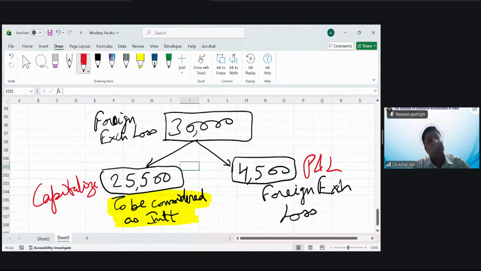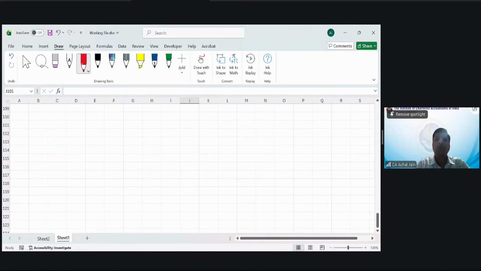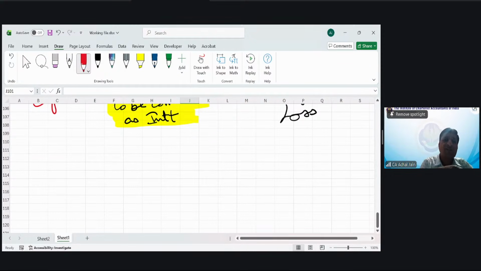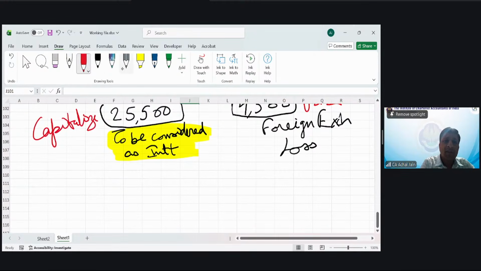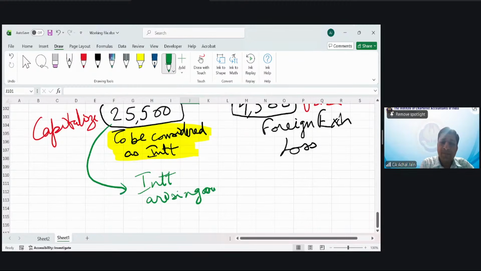So therefore, what will happen as a result of this? There are two portions of the interest. One is interest arising out of exchange difference.